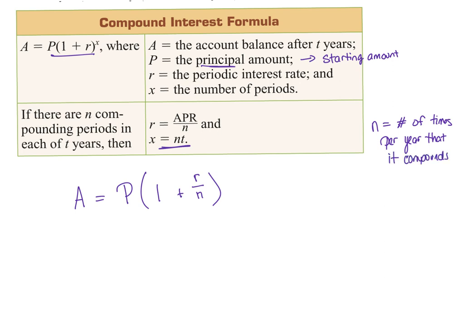And then your R represents your interest rate or your rate of growth. All right, and then you're going to raise everything. The exponent here is going to be that same N, the number of times that it compounds, times the number of years. So T here represents the number of years.